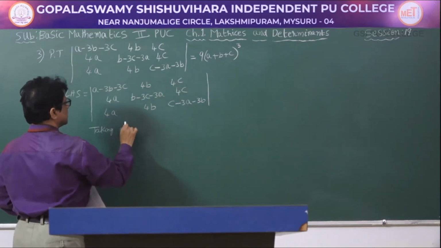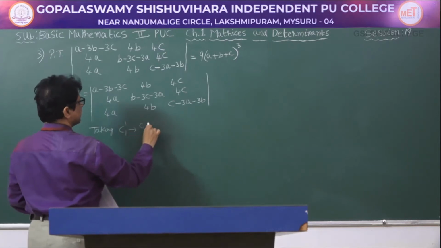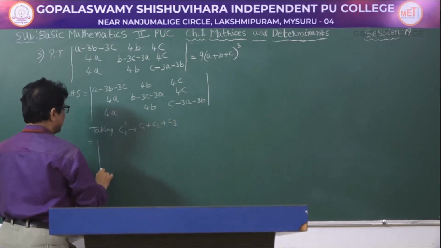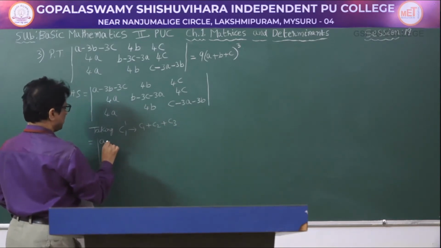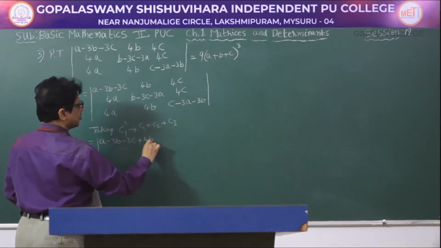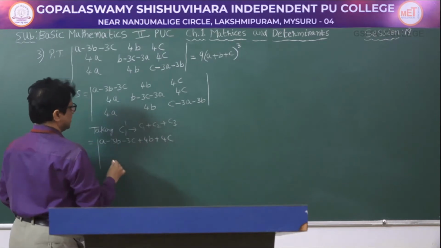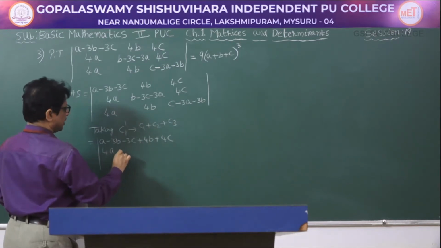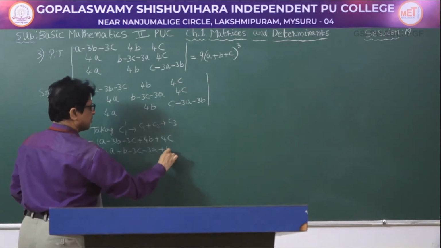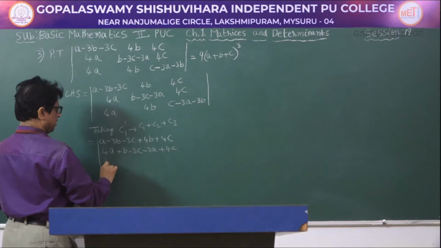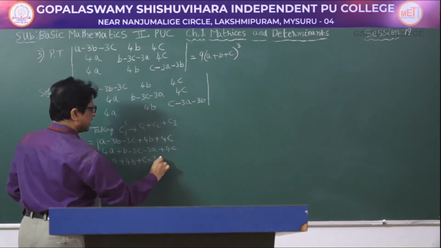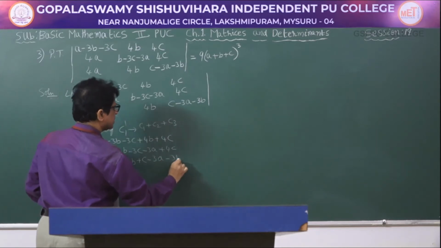So, taking C1 dash as C1 plus C2 plus C3, that will be equal to A minus 3B minus 3C plus 4B plus 4C, 4A plus B minus 3C minus 3A plus 4C, 4A plus 4B plus C minus 3A minus 3B.